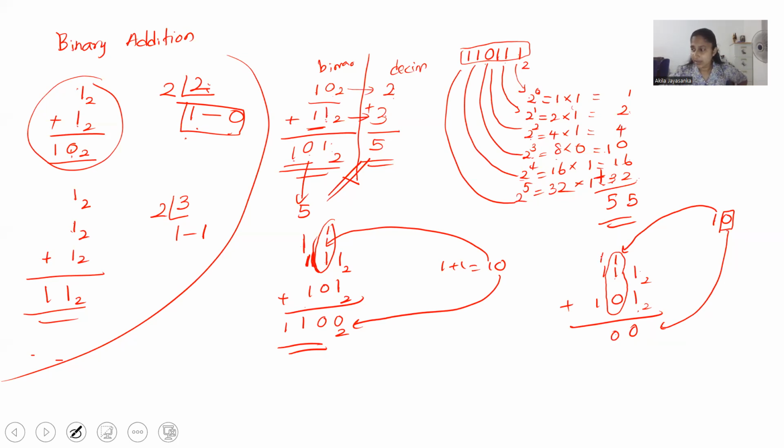Now we need to add 3 ones. 1 plus 1 plus 1. The calculation is 3. Let's convert 3 into binary format. The value is 1 1. Is it okay? Okay, ma'am. Yes. Now, is it clear?